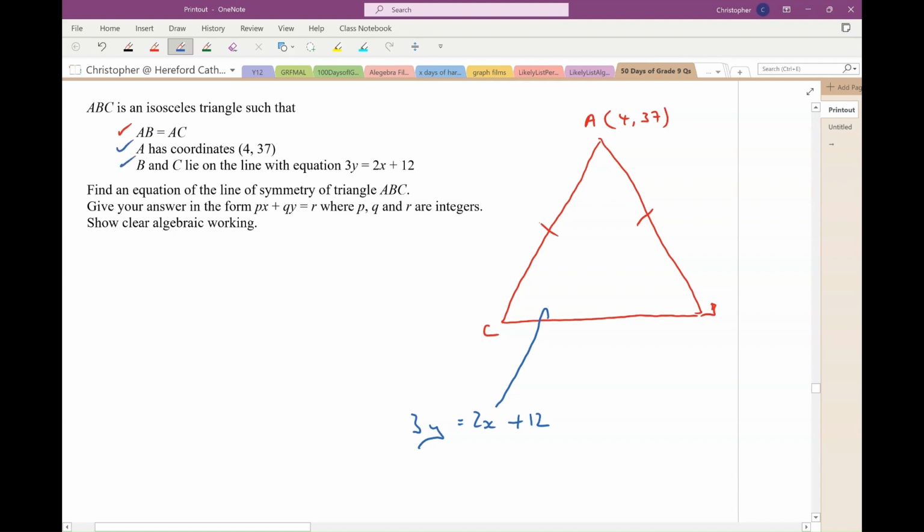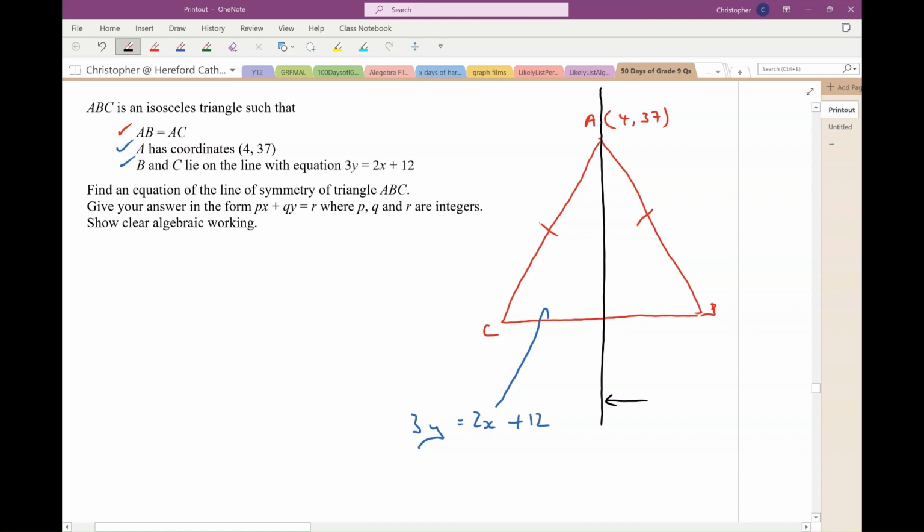Find an equation of the line of symmetry. So we're trying to find the equation of this line here, aren't we? That black line. That's our target. We've got to find the equation of that black line.